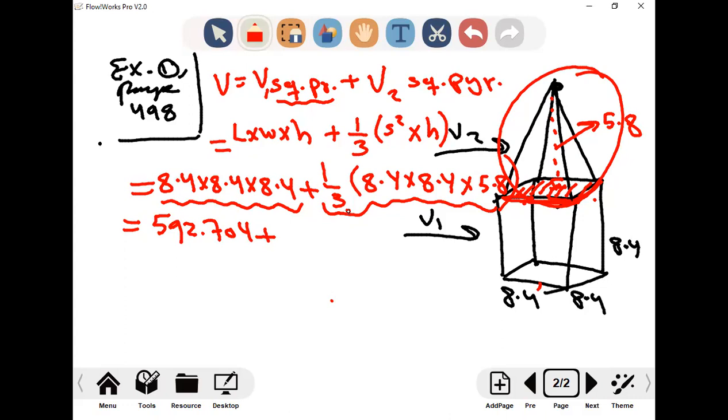So I'll multiply the upper 3 numbers: 8.4 multiply 8.4 multiply 5.8, equals a number divided by 3, which is 136.416. Add these two numbers, 592.704 and 136.416. It will be 729.12.